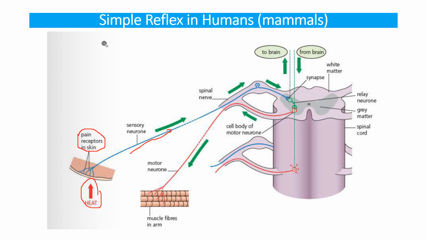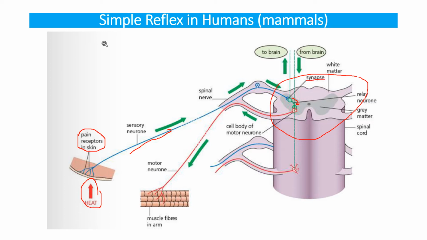That then gets to the spinal cord, and in the spinal cord, or the central nervous system as this area is, you have another neuron called a relay neuron. To get from the sensory neuron to the relay neuron, you have got to jump across a synapse, which we'll look at in a couple of lessons' time.